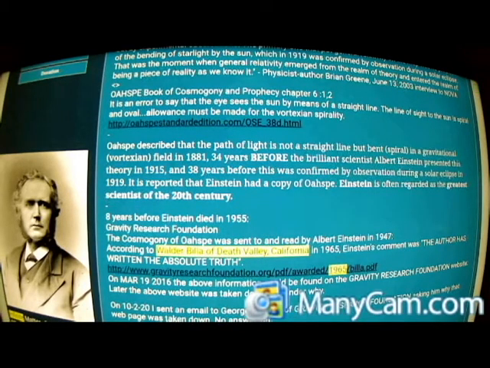But I'll keep this information up on my website just to show people that this did authenticate what I had heard others say, that Einstein had a copy of Oahspe and that Einstein had read Oahspe at one time. Whether or not he read it before he came up with the theory of general relativity, I don't know.